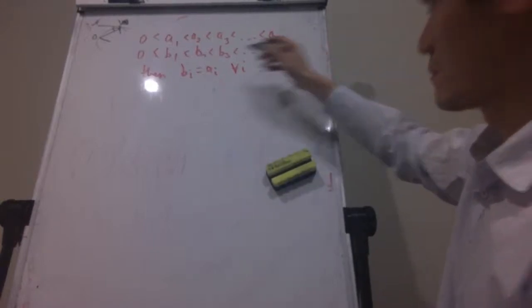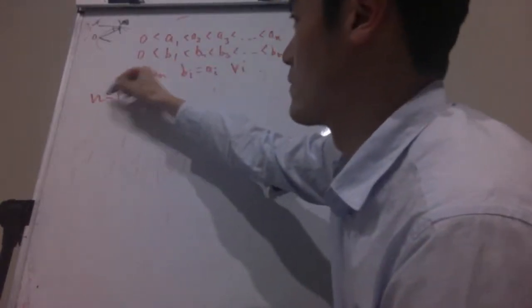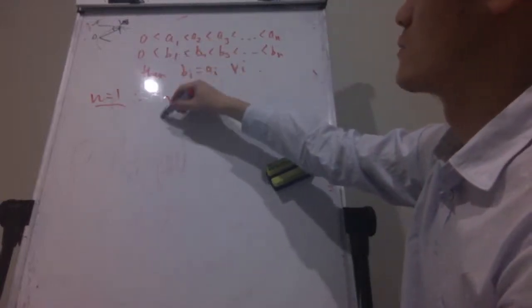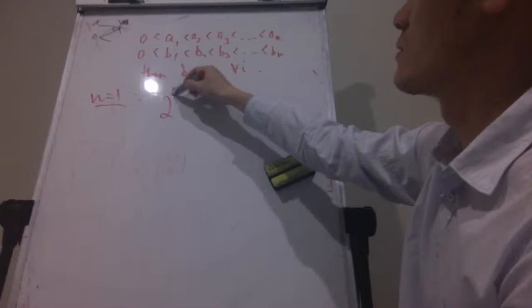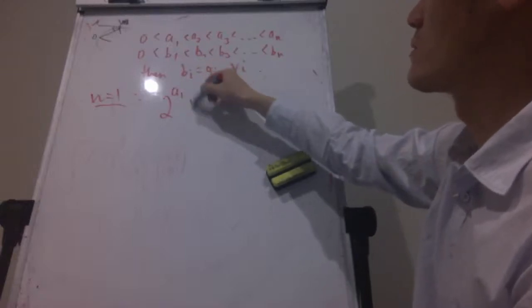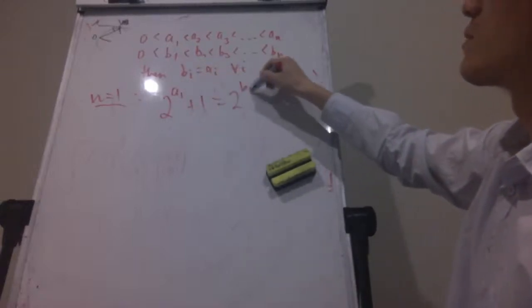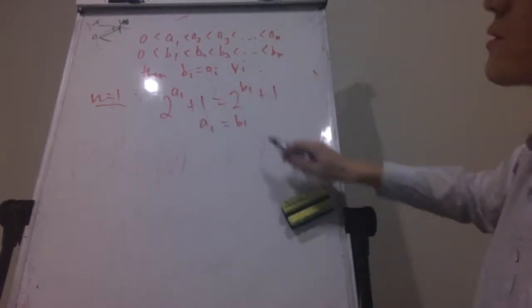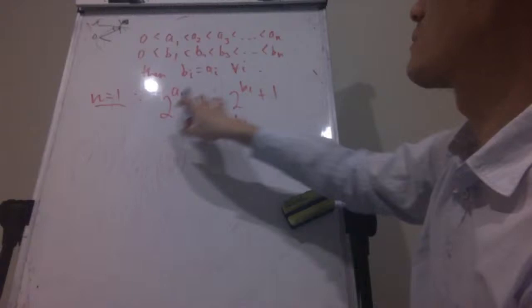If n equals 1, it was kind of obvious: it's 2 to the a1 plus 1 and 2 to the b1 plus 1, and we showed that a1 equals b1.